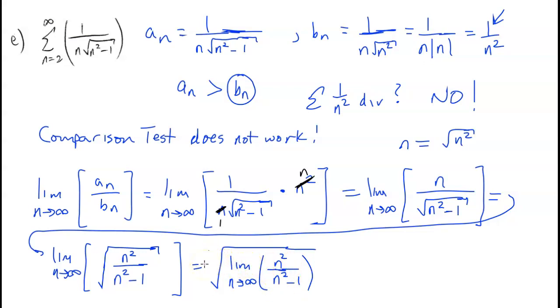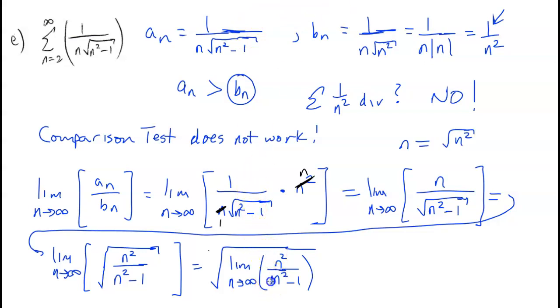We could do some more fancy footwork here, but we know from pre-calc that this rational function, n squared divided by n squared minus 1, has a horizontal asymptote at y equals 1, because whenever the degree of the numerator and denominator are the same, we just divide the leading coefficients by each other, and that's what the horizontal asymptote will be. In terms of calculus, that's telling us what the limit will be.